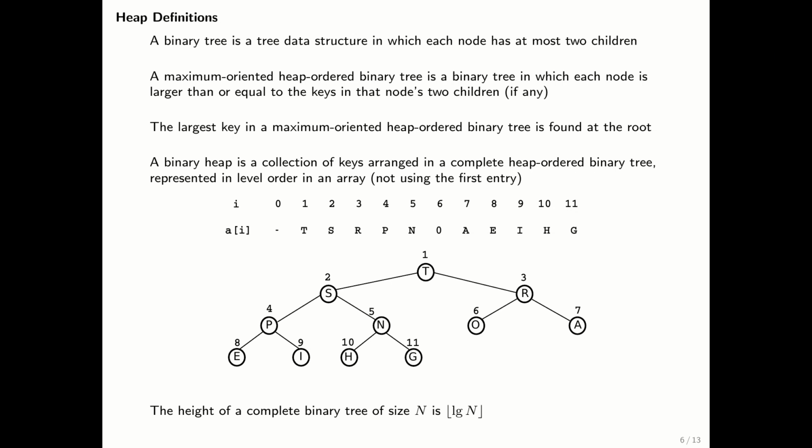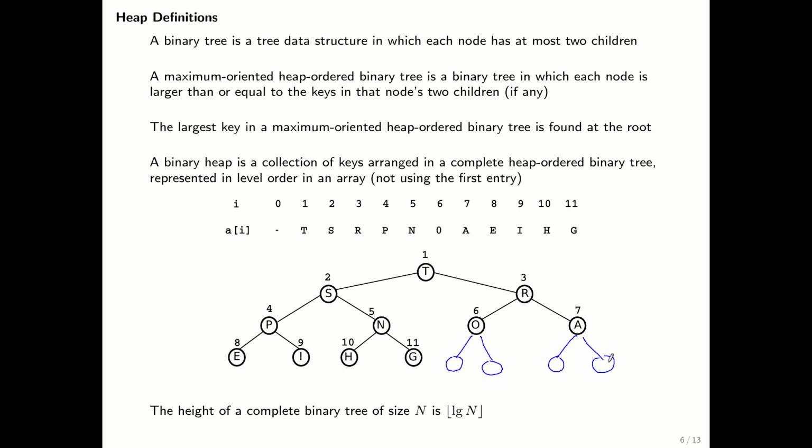Now, an important property to keep in mind is the height of a complete binary tree of size n is the floor of log n. Right? So if you have a binary tree such as this, which is complete, meaning it's fully packed, so you would have elements here and you have elements here. So that tree is now complete.